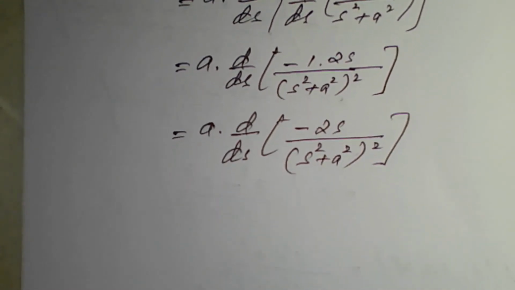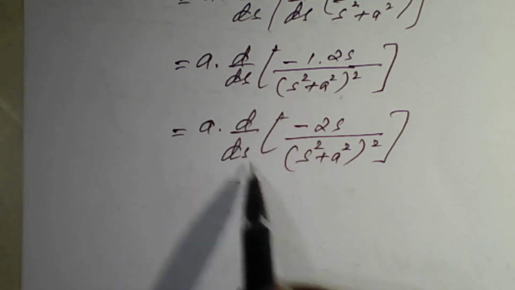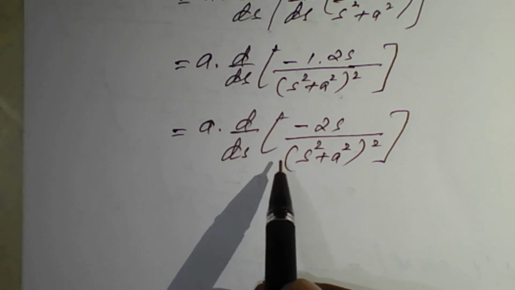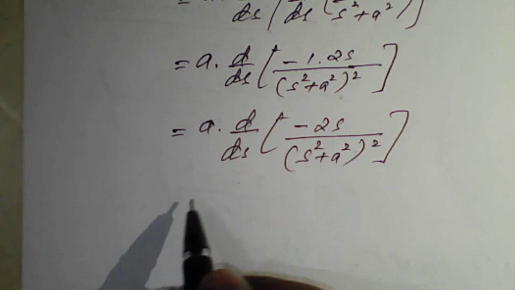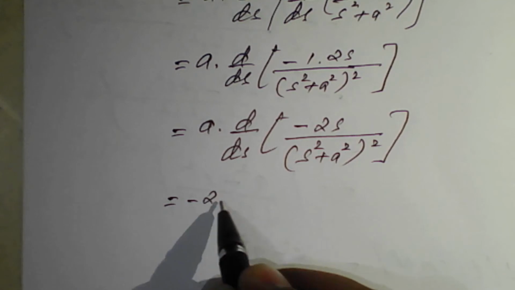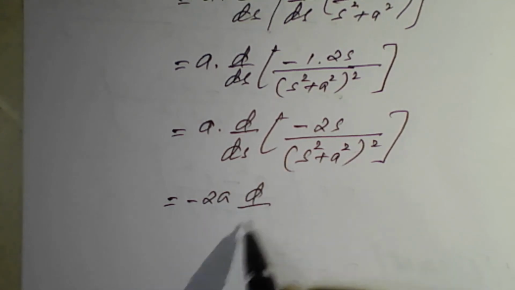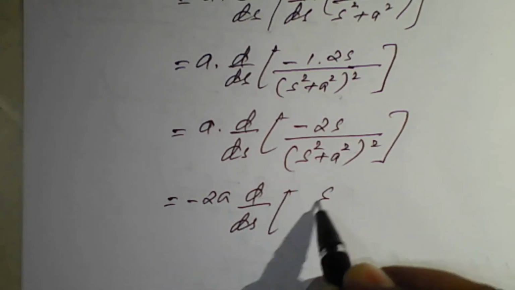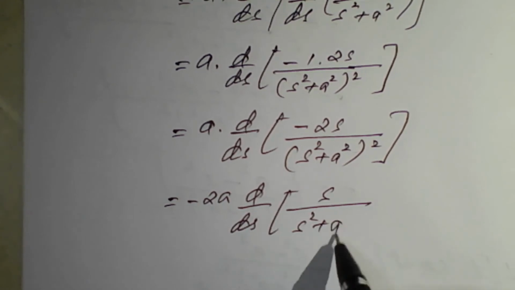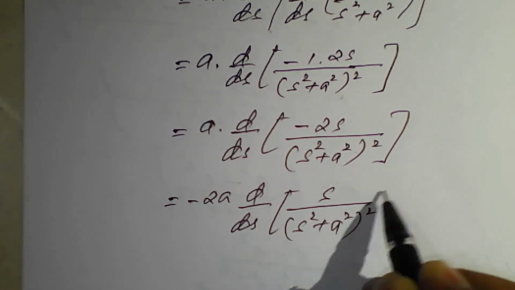Now we need to again apply differentiation. So before applying this, minus 2 will keep outside, minus 2a d by ds of s divided by s square plus a square whole square.